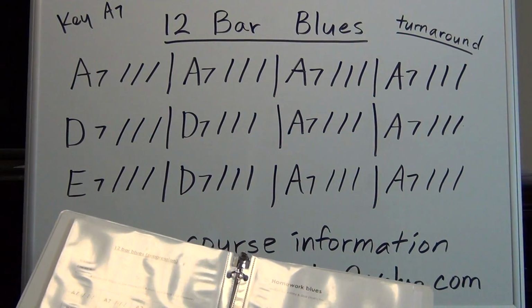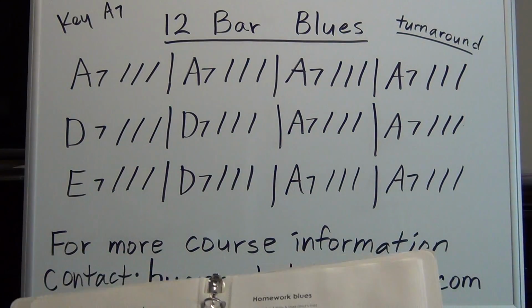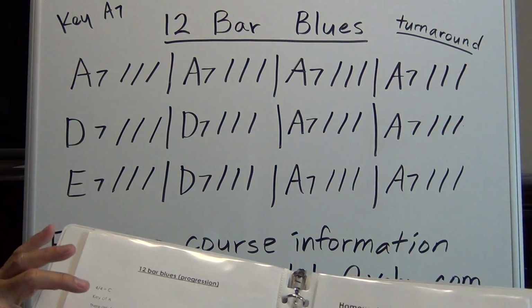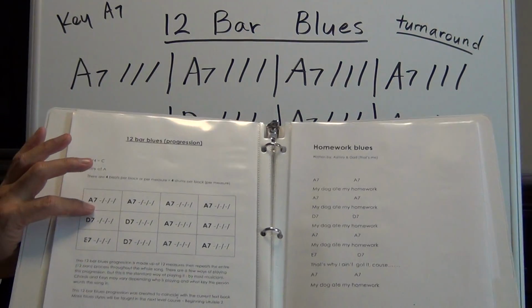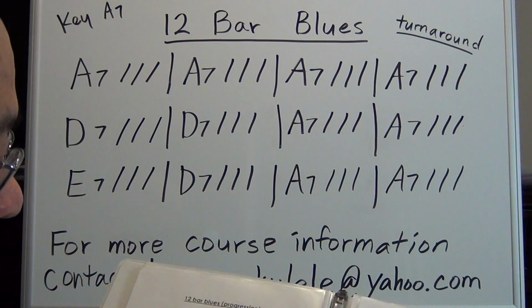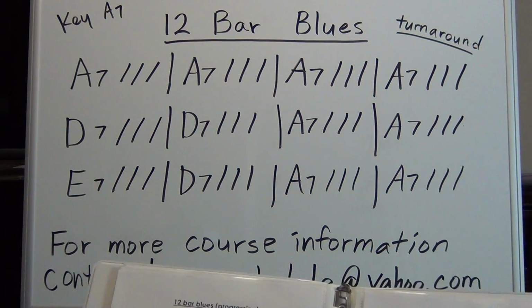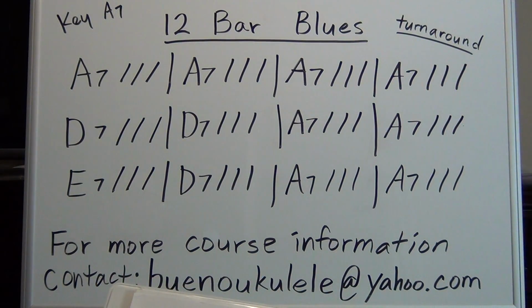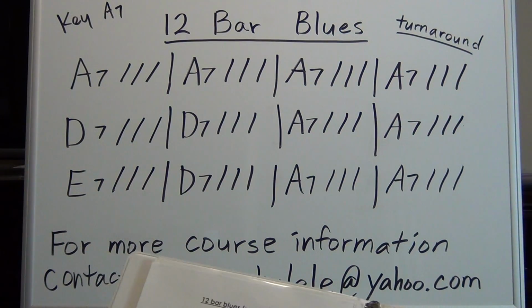Either way, I wanted you to understand that you probably won't see it structured this way in blues music, maybe more like this, or maybe even a little different, but you want to keep in mind the 12 bars, the 12 measures, the 12 grooves.